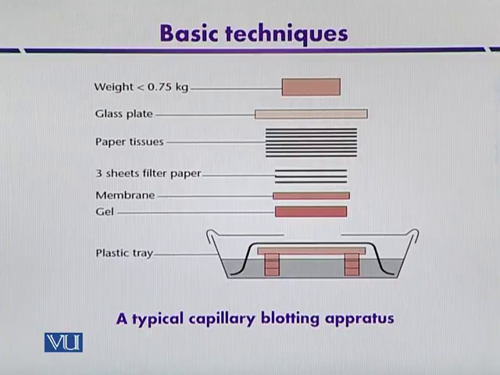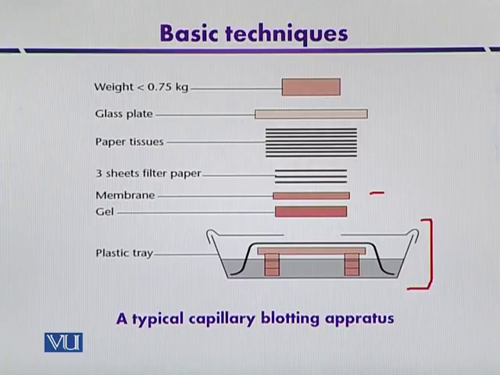This diagram showed a typical capillary blotting apparatus. So this is the reservoir, and of course it contains buffer solution. The gel is in contact with this buffer, and above the gel one can place the membrane, and this membrane is then in contact with different types of filter papers or tissue papers, so that they can absorb the buffer.